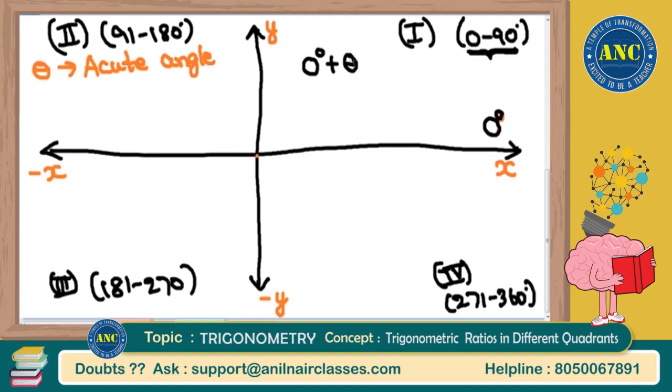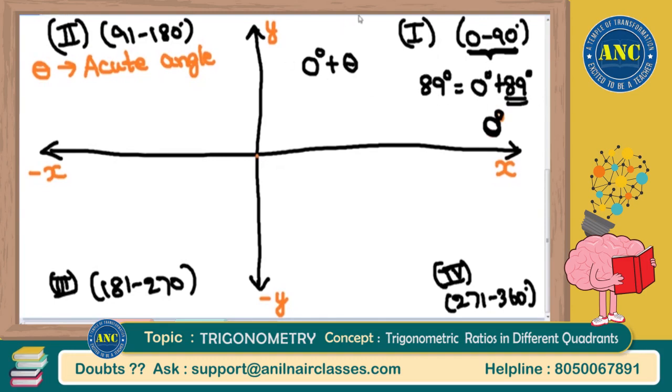Can I also say that it is equivalent to saying, suppose for example, I have 89 degrees. 89 degrees can be written as, from this 0 degrees, I will add some angle 89 degrees. This 89 should be an acute angle, right? I will add some angle 89 degrees so that I will get 89 degrees.